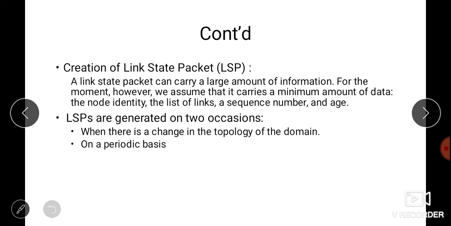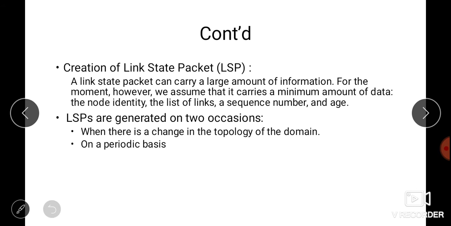Okay, next, how to create a link state packet. A link state packet can carry a large amount of information, but here we are only taking the minimum amount of data which is necessary: the node identity, the list of links, a sequence number, and age. Basically, the identity and the list of links are needed to make the topology, and the sequence number facilitates the flooding and distinguishes new LSPs from old ones.